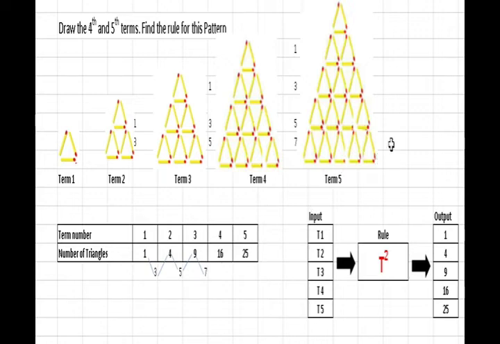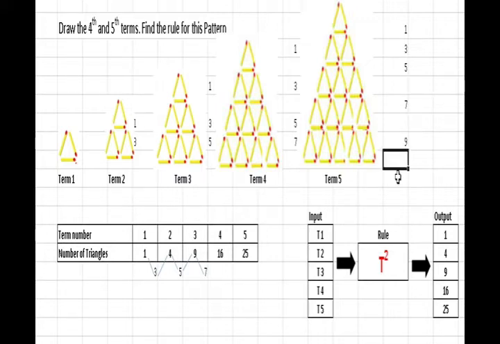I needed to add 9 more triangles because each time I'm adding triangles, counting in odd numbers. So this 4th term has 7 in its last row, and the last row should have an addition of 9 triangles.